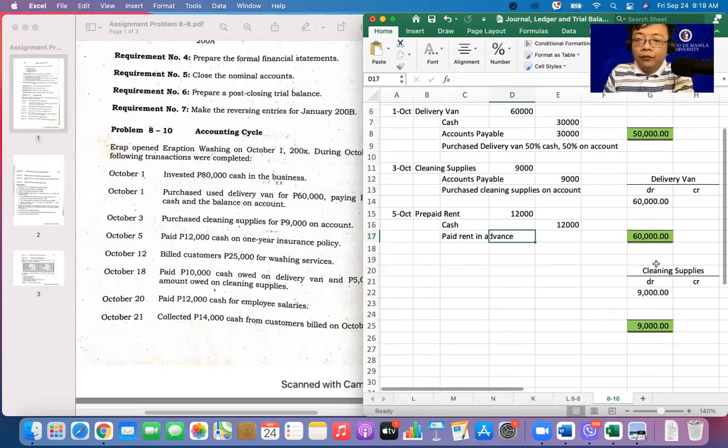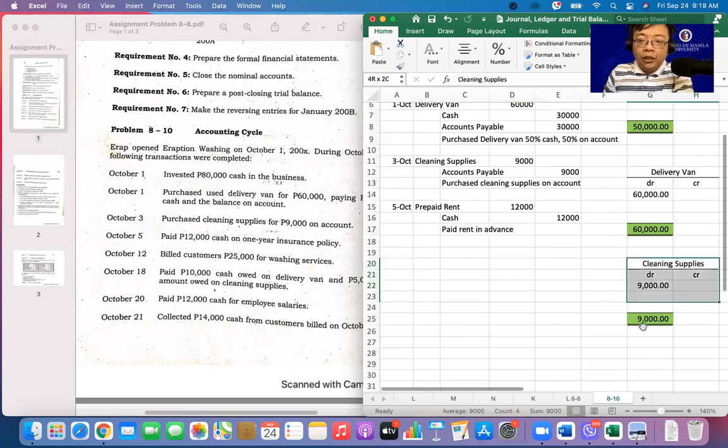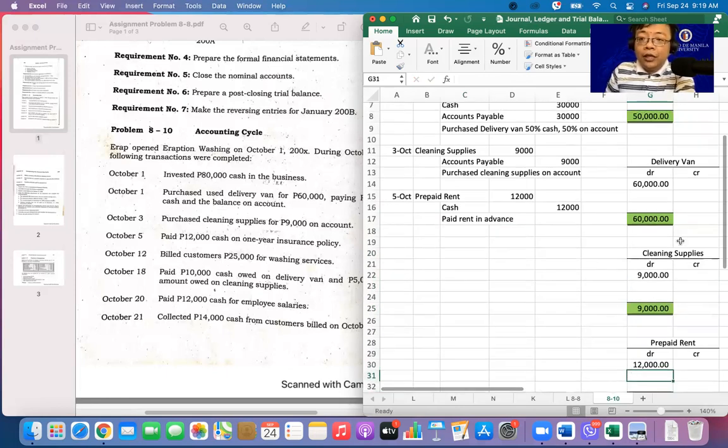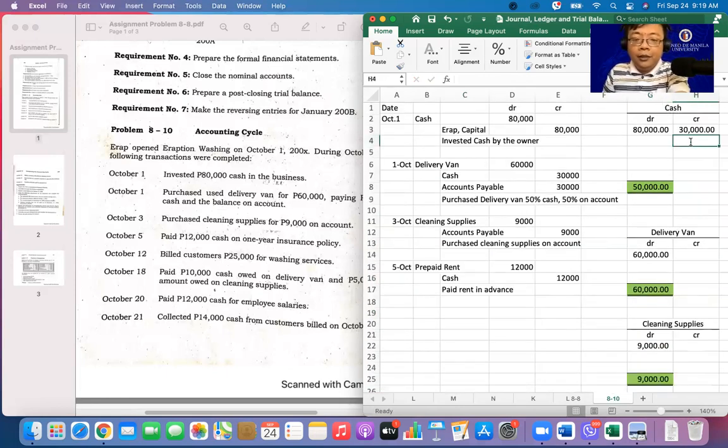After this one, of course, we will post it in our ledger. So we have prepaid rent, worth 12,000. And also cash naman of 12,000. Okay. Yan.